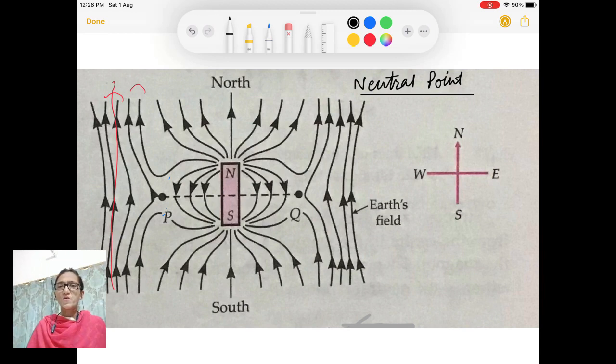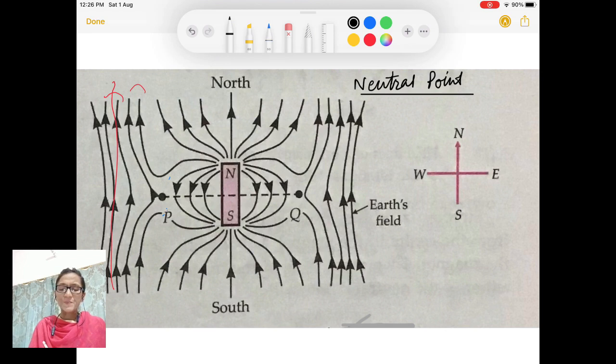When you place a bar magnet in Earth's magnetic field, in the direction of the magnetic field or in the opposite direction, then you will find at two points the net magnetic field due to Earth and due to the bar magnet becomes equal to 0, and that point is called a neutral point.